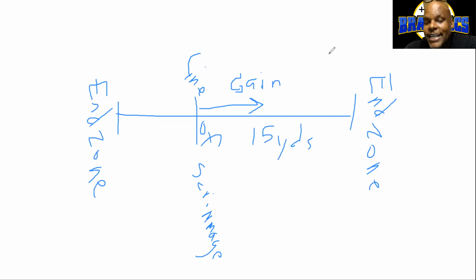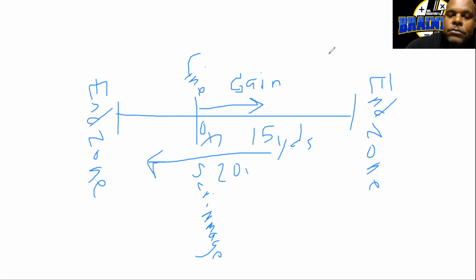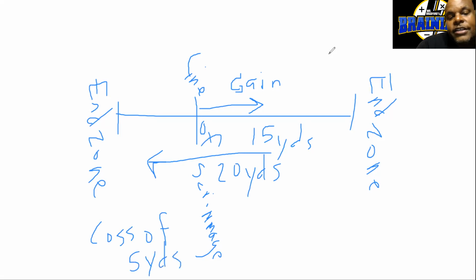But if by chance they lose 20 yards, now they have a loss of 5 yards. So a loss of 5 yards is the equivalent of negative 5 yards.